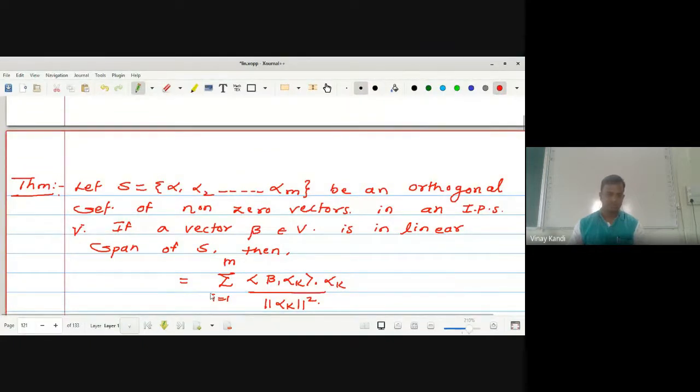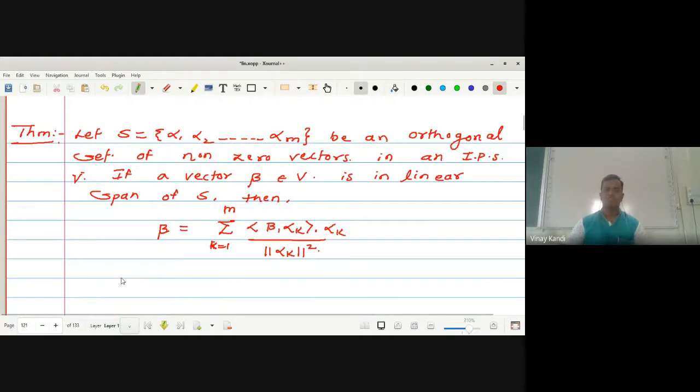If beta is any vector belongs to V, is in linear span of S, then what is the nature of beta? This one, summation k is equal to 1 to m. This is the inner product of beta with alpha k.